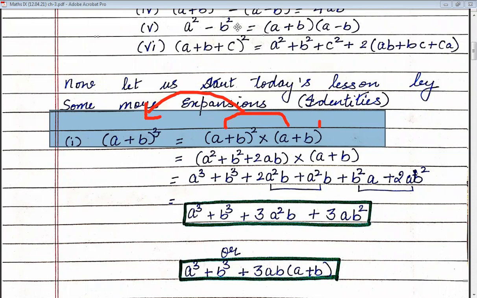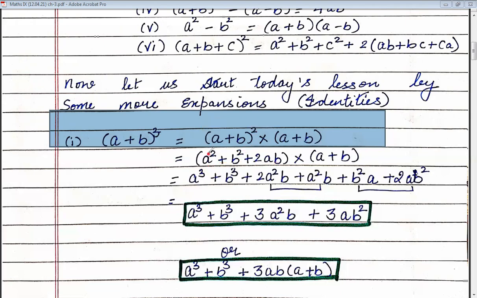Children, you are already aware that the (a plus b) whole square formula is a square plus b square plus 2ab. Here I have used the identity (a plus b) whole square, equal to a square plus b square plus 2ab, multiplied by (a plus b). Now you have to use your distributive property.